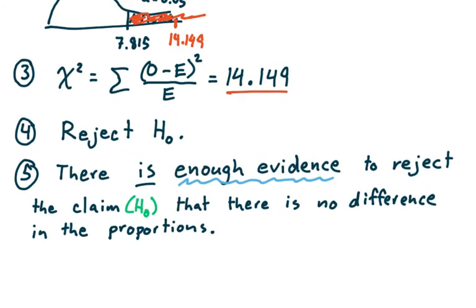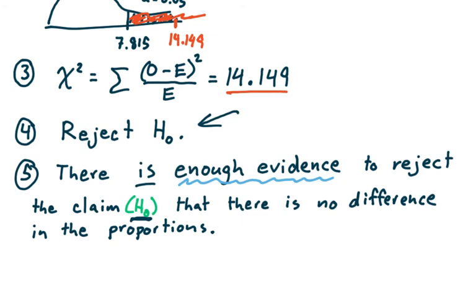And then in step 5, we say there is enough evidence. So remember, anytime you reject the null hypothesis, H subscript 0, then you have found significant evidence. So you always say there is enough evidence if you reject H subscript 0. And here, since H subscript 0 was the claim, you say there's enough evidence to reject this claim, that there's no difference in the proportions.